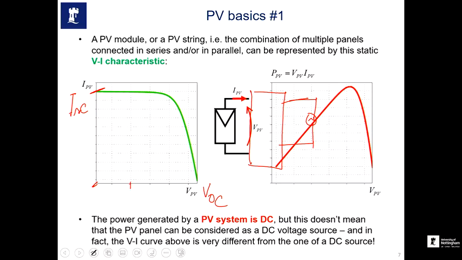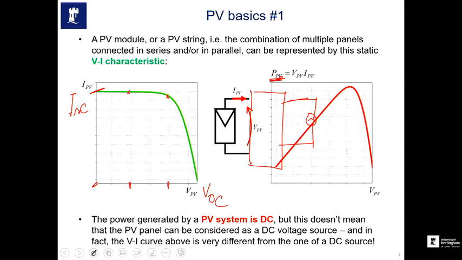If the terminal voltage is in here, the current will be in here. Which current you will get for a specific voltage of the PV, you can get from this IV characteristics, okay?